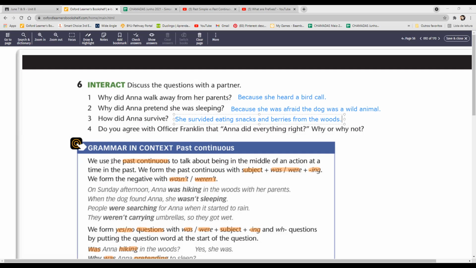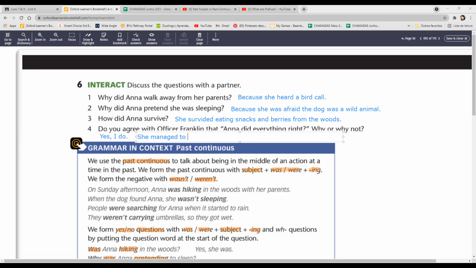Do you agree with Officer Franklin that Anna did everything right? I agree. Yes, I do, right? Why? Wow, she survived. Yes, of course, right? So she managed to build a shelter, right?